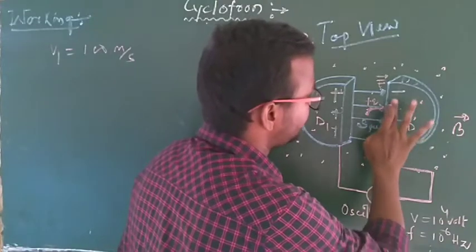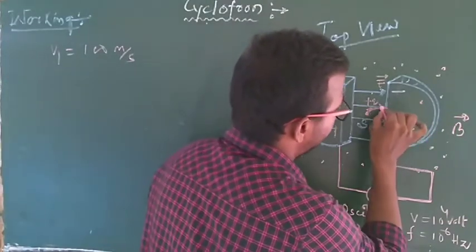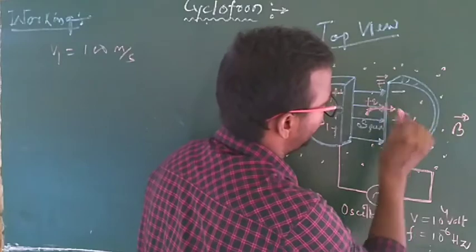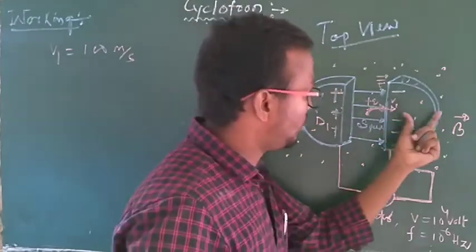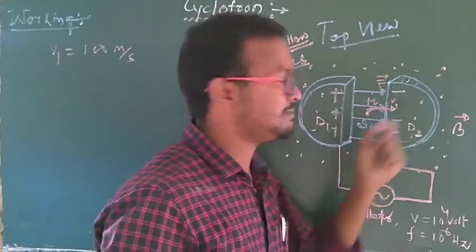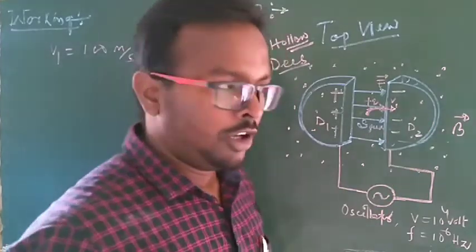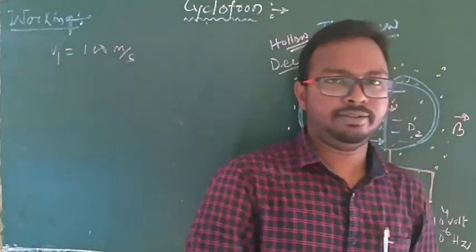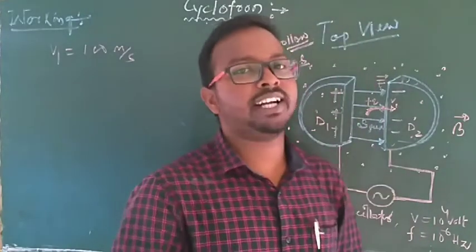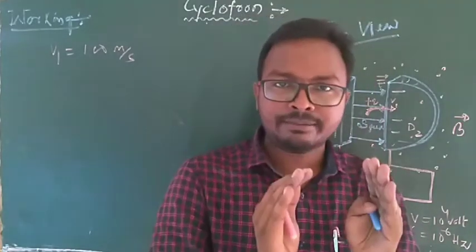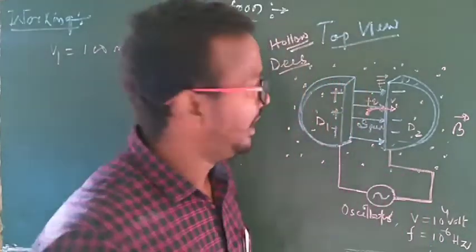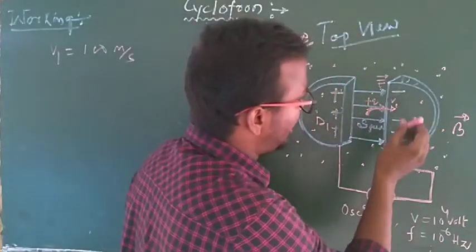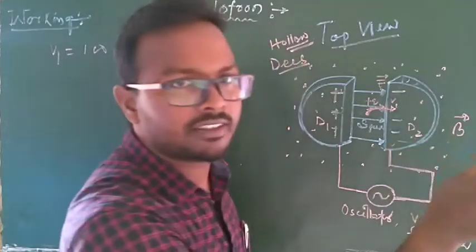Clear? So when the charged particle enters the disc with speed v1, now there is no electric field, but there exists a magnetic field. What is the importance of the magnetic field? The magnetic field only changes the direction of the charged particle, and here the magnetic field is in this direction.